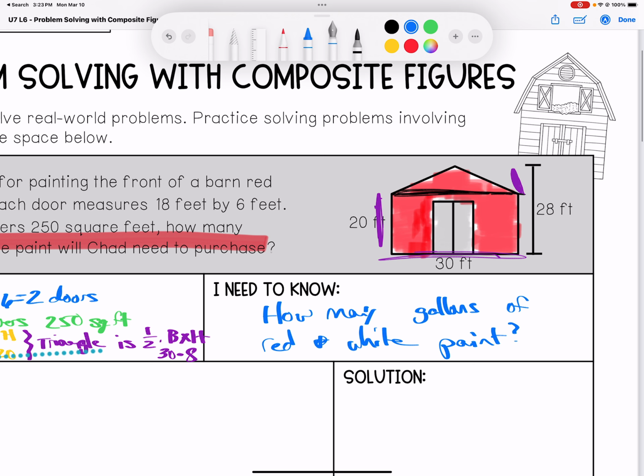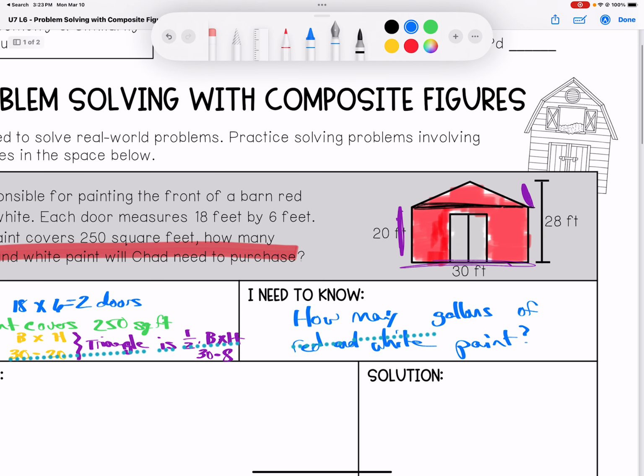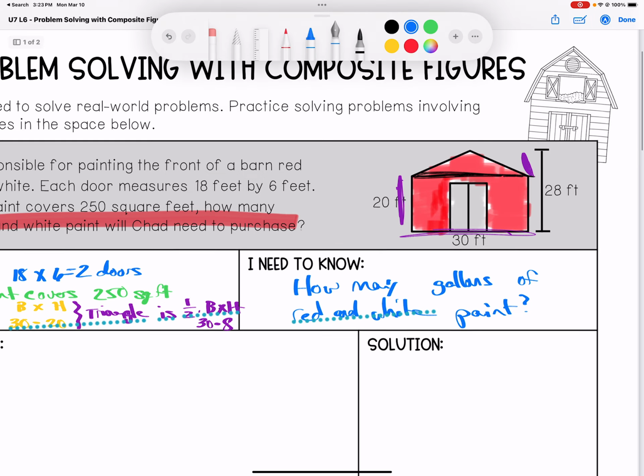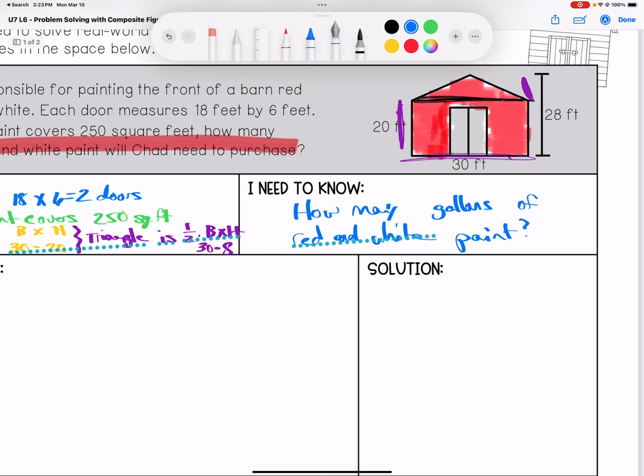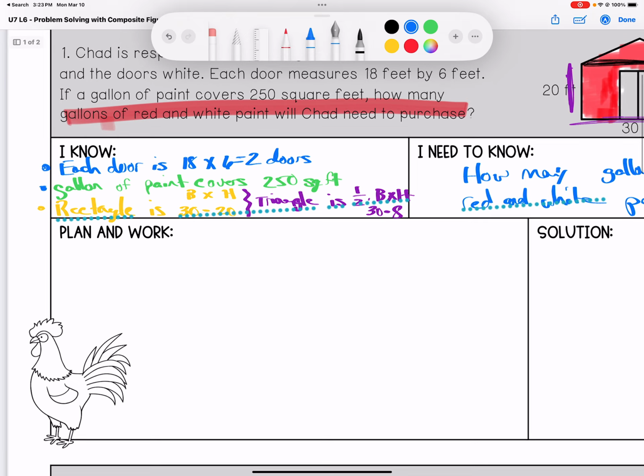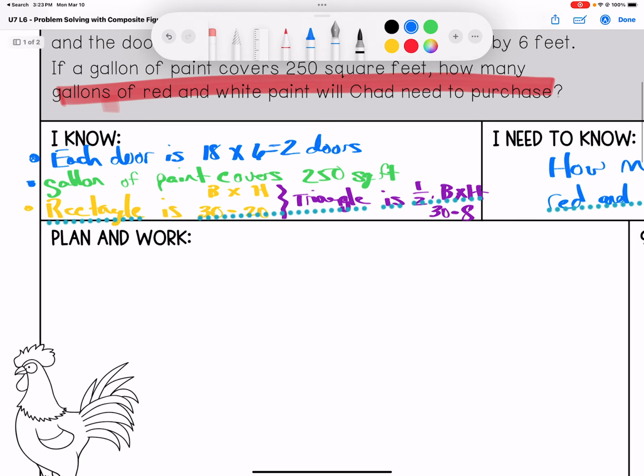Let me erase it and just put the word and. So how many gallons of red and white paint? All right, so let's plan and work.